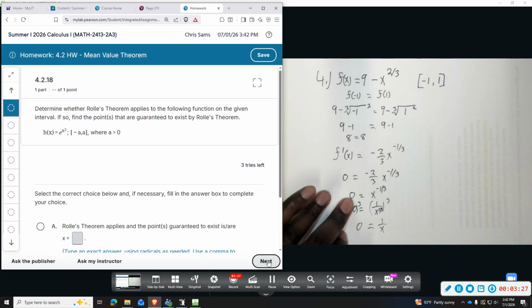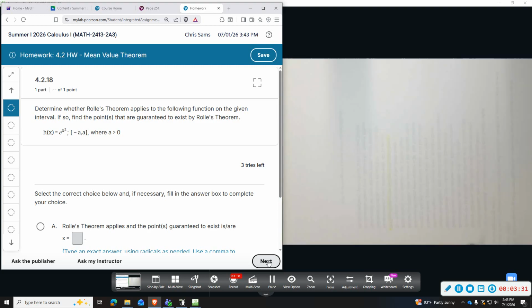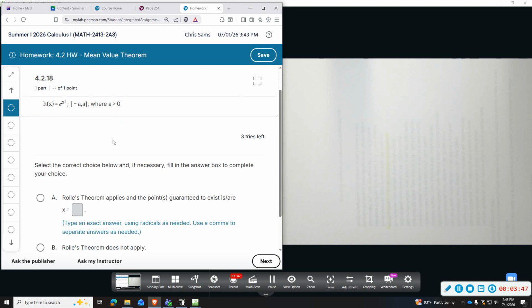Number 5, we're going to determine if Rolle's theorem applies. And we're going to just go with the assumption that these 2 points are equal. When you plug in a -a squared, you get positive a squared. So these are going to give us the same value.